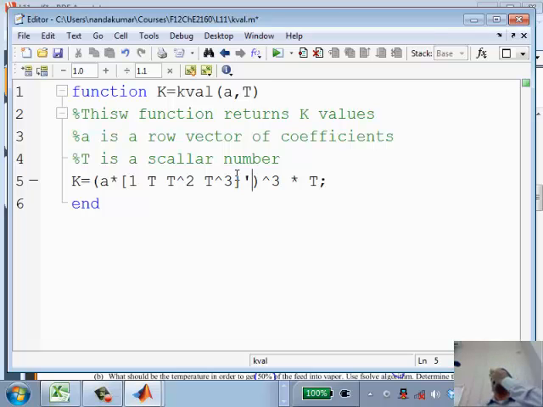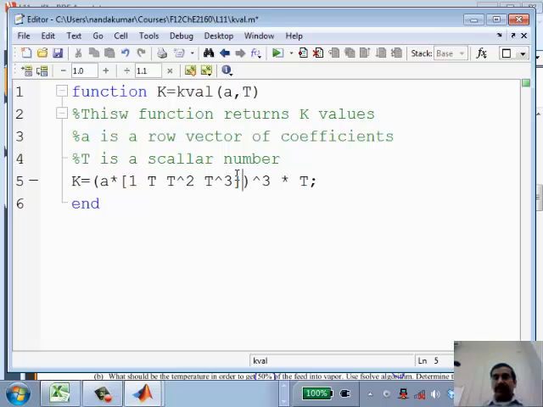Yeah? Why don't we need a period behind? You can put a period. You can make this work. What you want to achieve is, A is a vector, right? Take every element from A, multiply by the corresponding element in the vector 1, t, t squared, t cubed, and then add them up. So this is one that will do based on the definition of what a matrix product is in MATLAB. Okay?